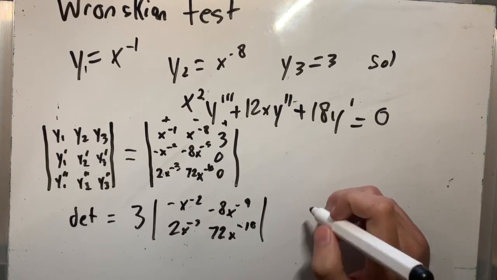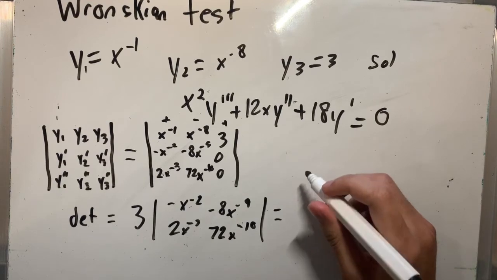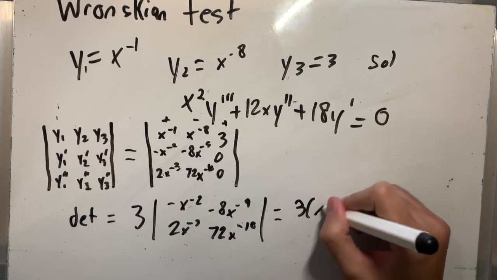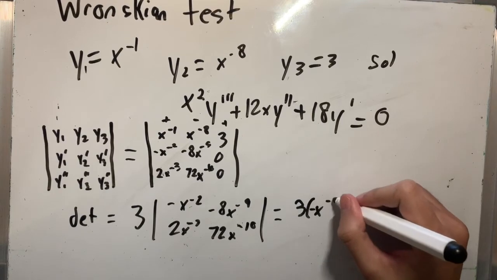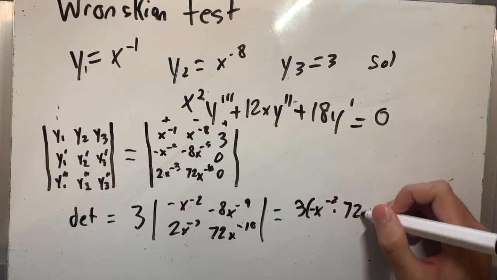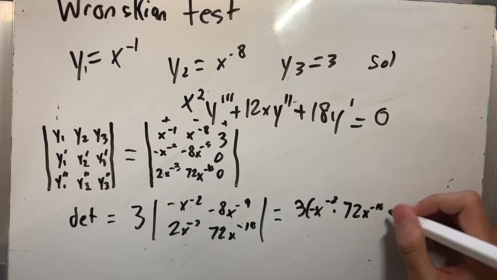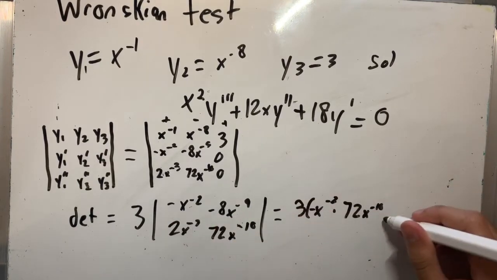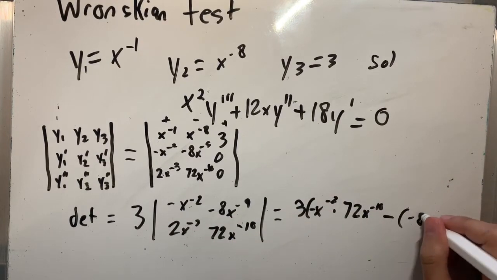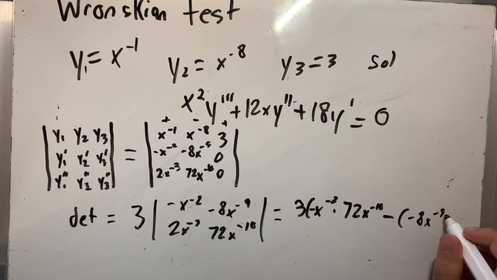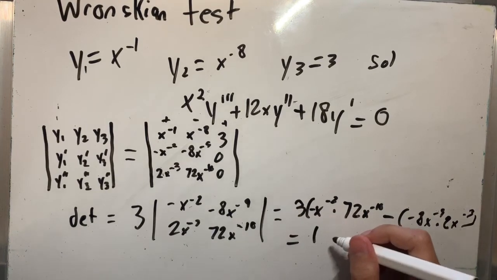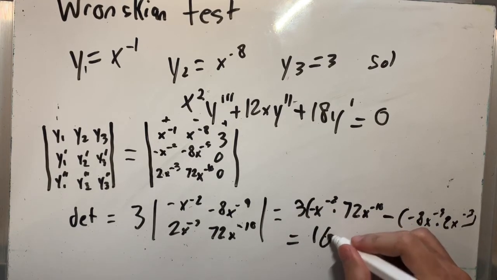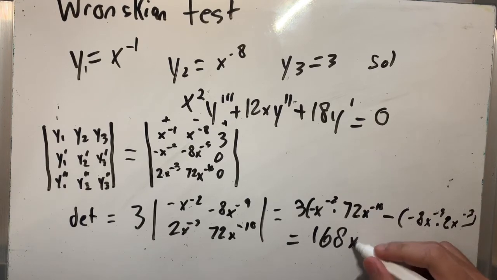The determinant would be equal to 3 times x^-2 times 72x^-10, just crossing them, minus negative 8x^-9 times 2x^-3, and this equates to 168x^-12.